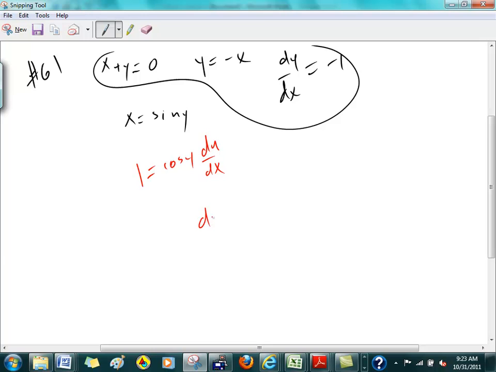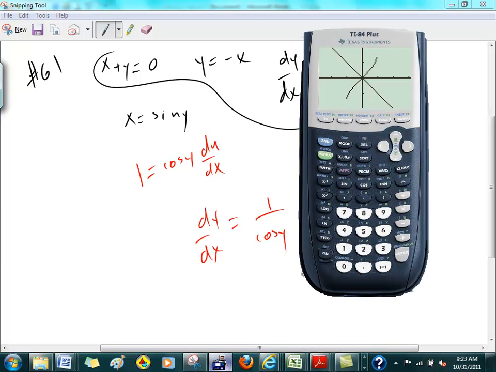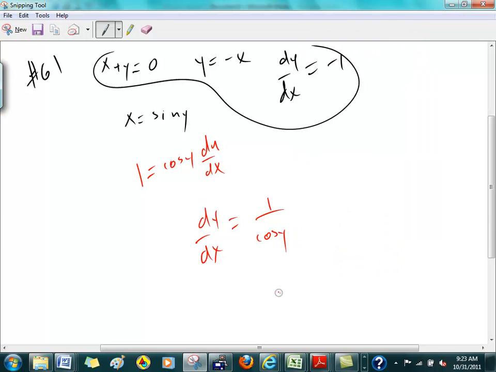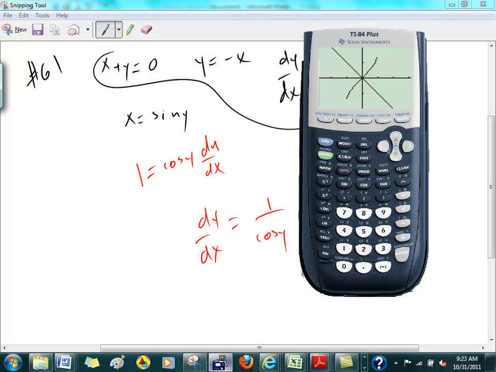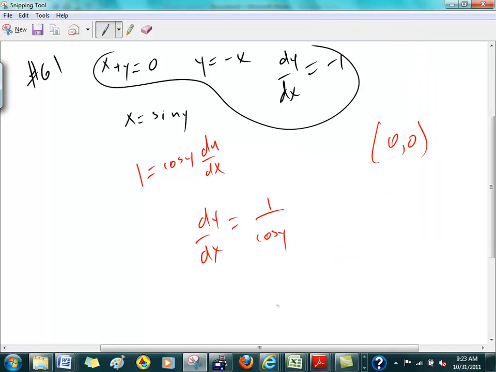So what is dy by dx equal to? 1 over cosine y. Remember that what we saw in the graphing calculator is that they are orthogonal at the point 0, 0. Divide both sides by cosine y.